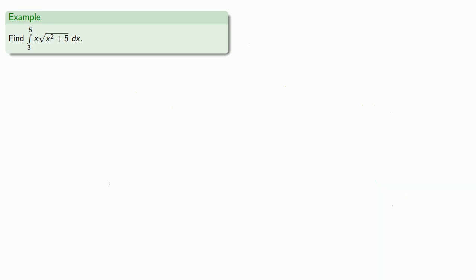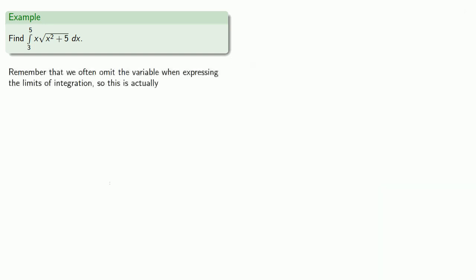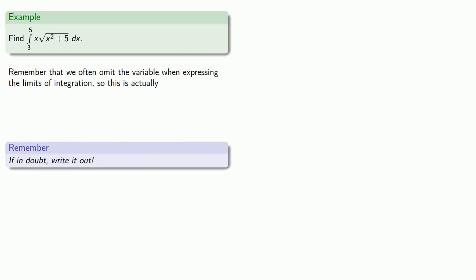We can try a different approach. Remember that we often omit the variable when expressing the limits of integration, but if in doubt, write it out. So this integral from 3 to 5 is actually the integral from x equals 3 to x equals 5.